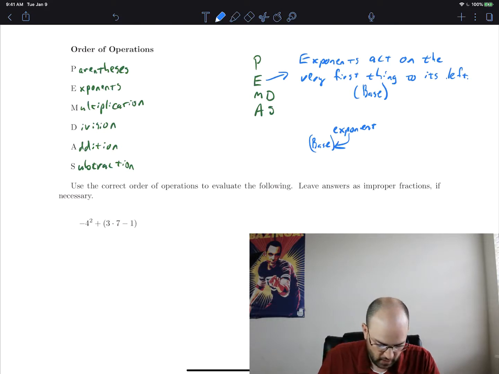But in here, there are in fact two different operations: multiplication, subtraction. So between the multiplication and subtraction, which one occurs first here? Well, multiplication does.